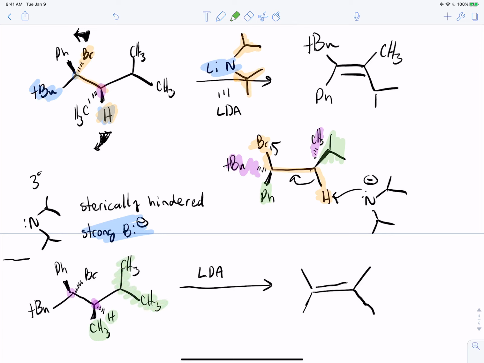So these are the groups that we've changed if we're comparing across here. So if I've switched two of the groups, what I'm anticipating, I'm trying to check this in my mind right now. Yeah, what I'm anticipating is that we're just going to see a swap of two groups on the stereocenter in the product. I think that's correct.